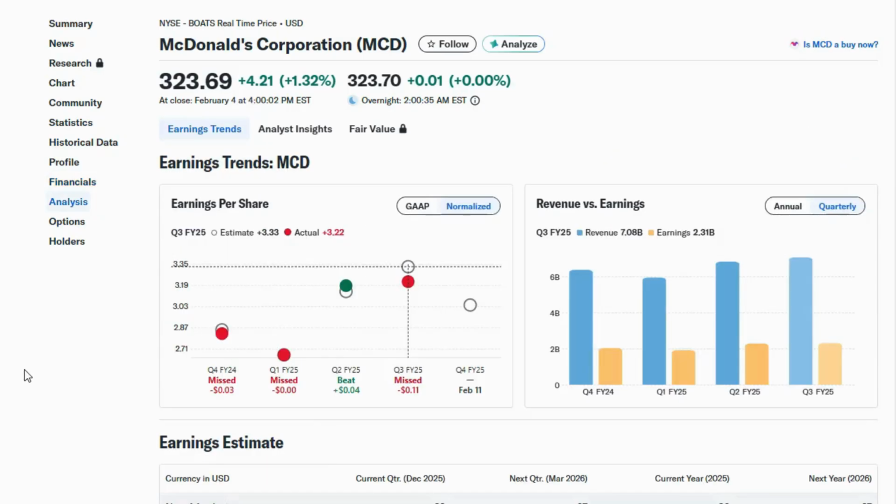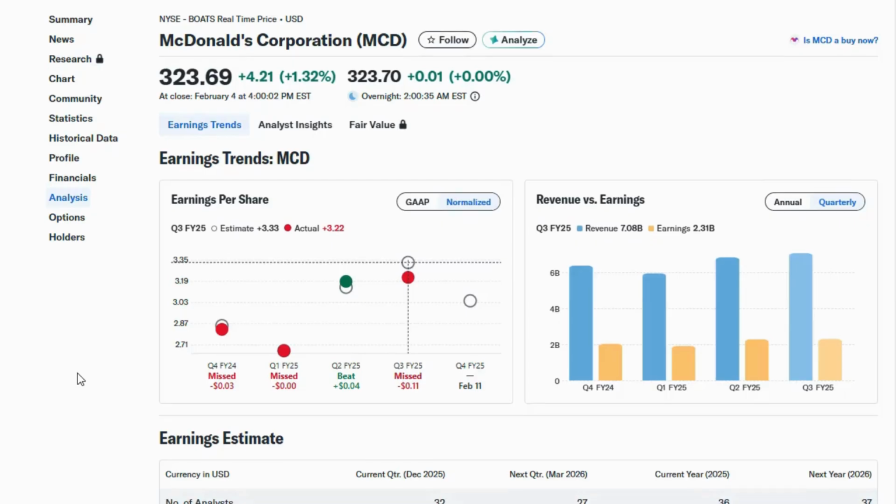On the Analysis tab, you'll find information on whether the company missed or beat analyst expectations. This information also appears on the Summary tab that we discussed earlier. As you can see, red dots indicate missed estimates, while green dots indicate beats. Generally, missing EPS estimates can lead to a drop in share price, while beating estimates often supports higher prices.